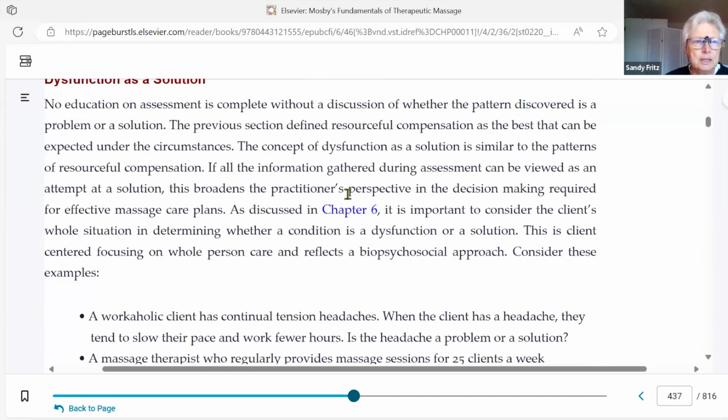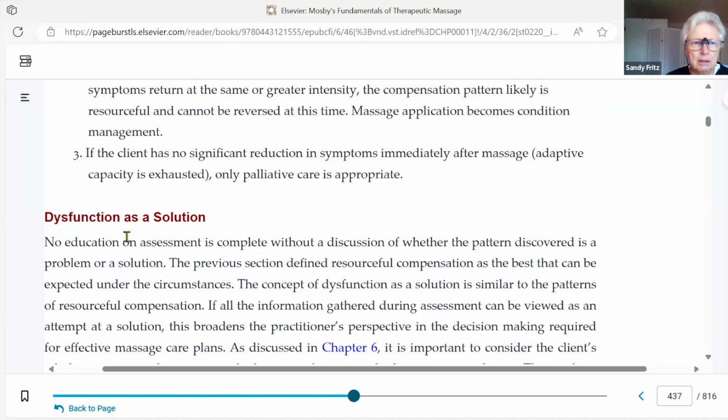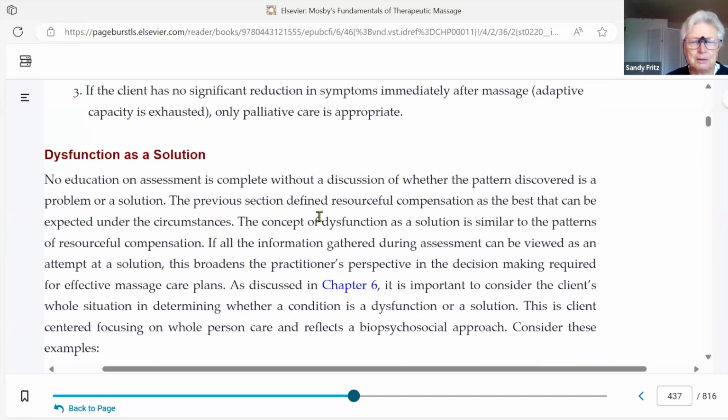So you really do need to understand dysfunction as a solution as well. We've all done it. We've all done where we didn't want to do something, or we didn't want to go someplace, and we said, oh, I'm sorry, I can't do that, I have the flu, or whatever.